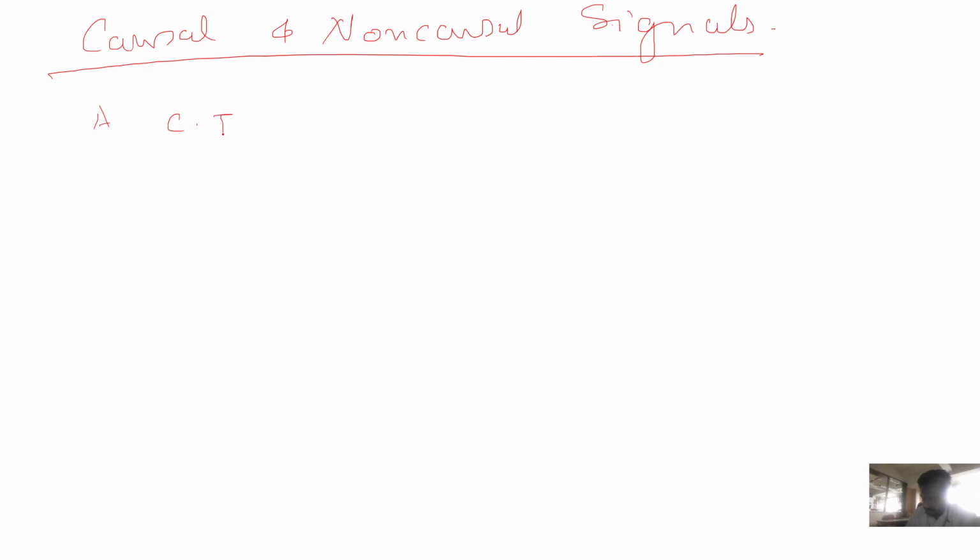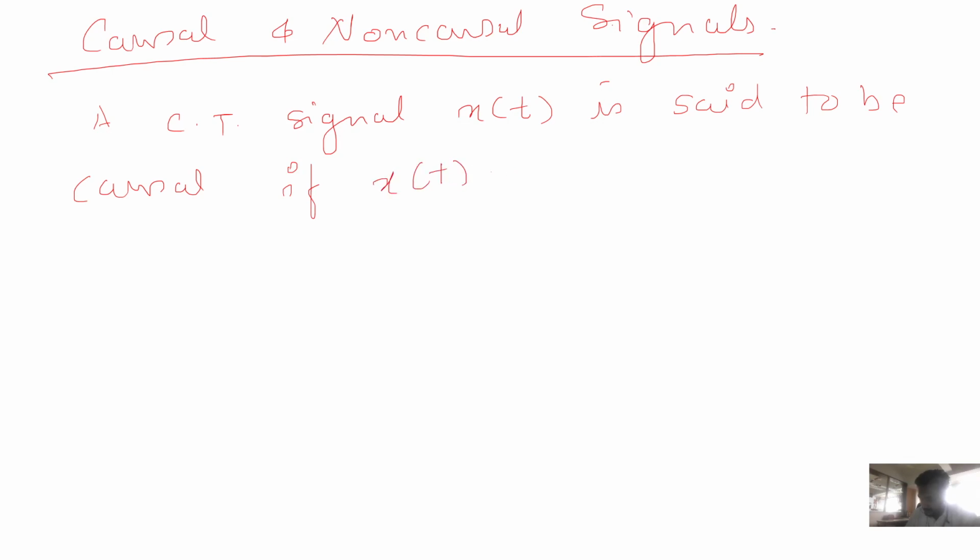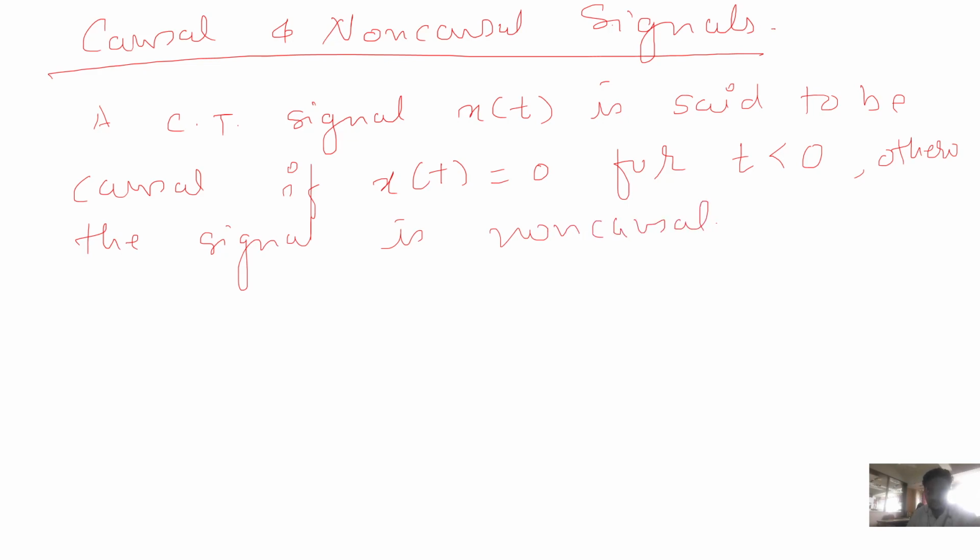A continuous time signal x of t is said to be causal if x of t is 0 for t less than 0, otherwise the signal is non-causal, right?